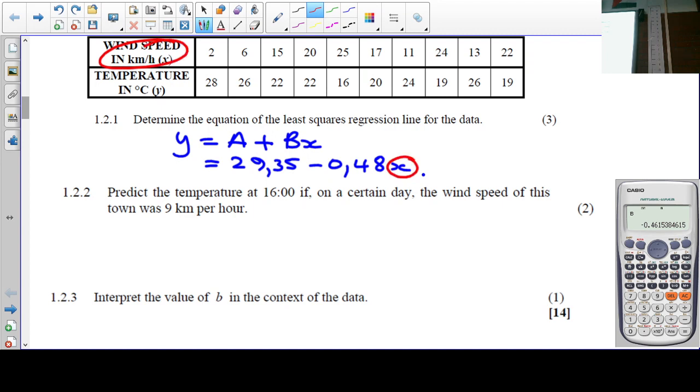Can you see that? Yes. If the wind speed is 9 kilometers per hour. So in other words, we got the formula, so you substitute into the formula. So it's 29,35 minus 0,48 times 9.